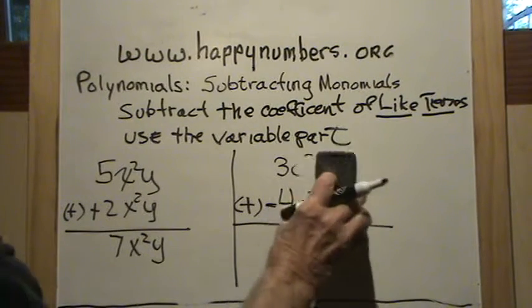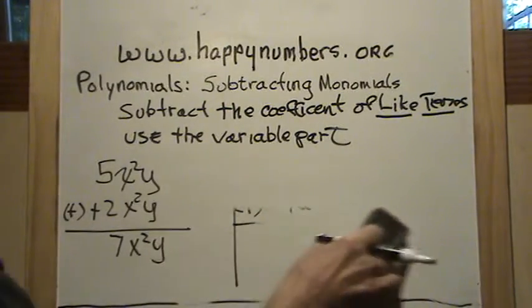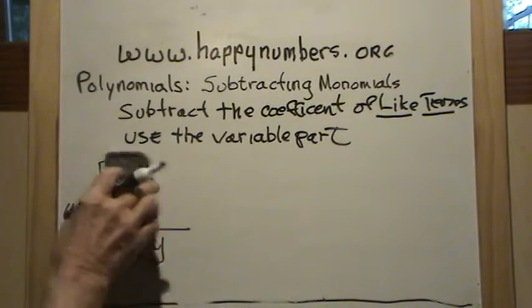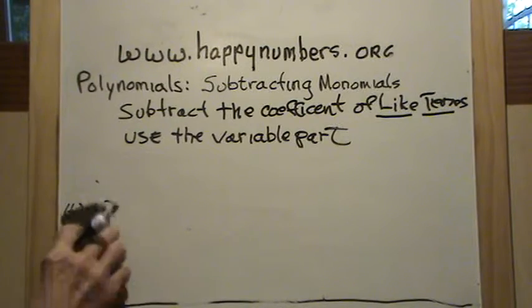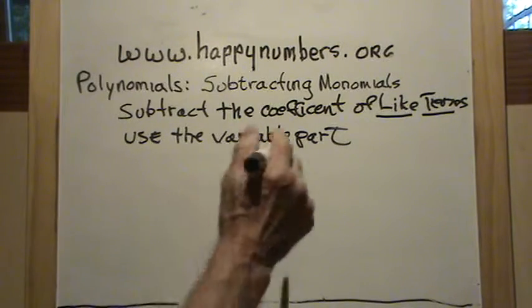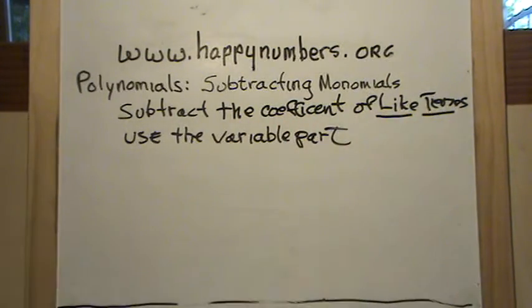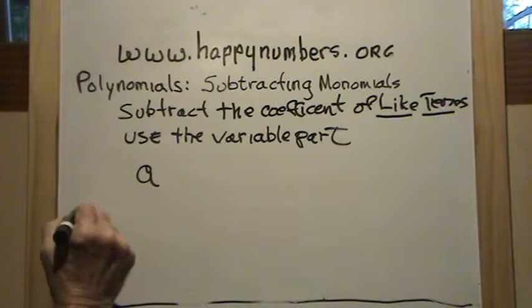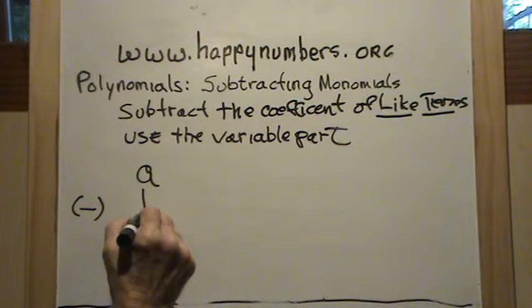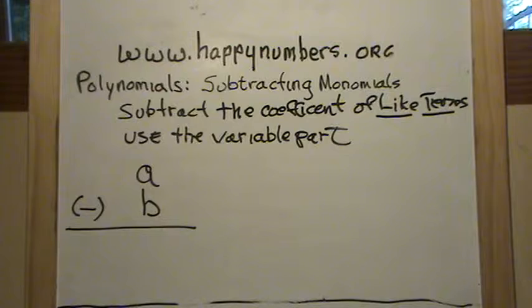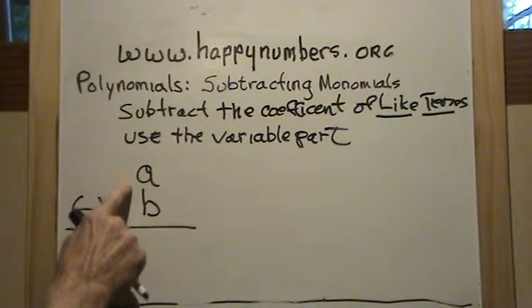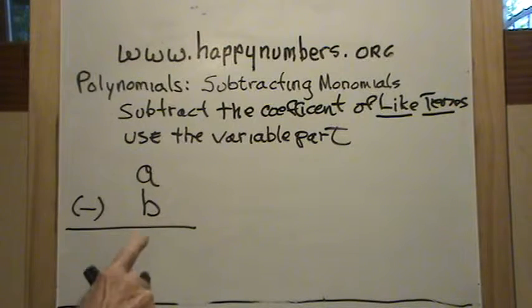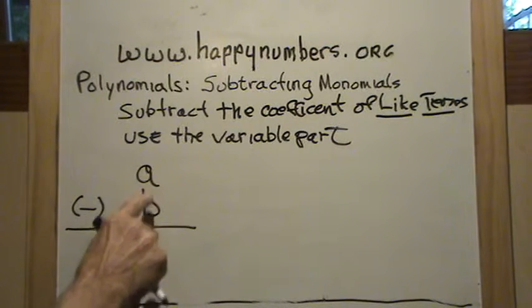Good. Well, let's take a look at just one other kind of situation when we're adding monomials. Remember, we can only subtract the coefficients of like terms. So if I had a problem like this, a minus b, well, these are not like terms because their variable parts are not the same.